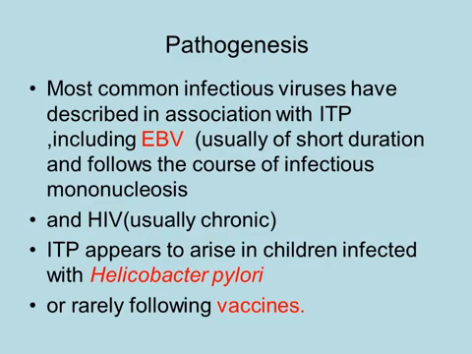ITP appear to arise in children infected with Helicobacter pylori infection and rarely following vaccines. فهسه احنا شفنا انه ال H. pylori related to ITP, related to iron deficiency anemia, and also it is found to be related to ischemic heart disease.